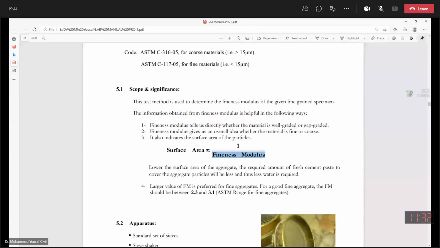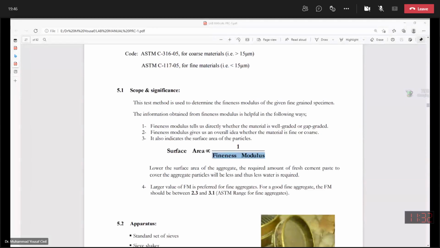Yes, sir. Anybody from the class, if you are having any confusion, anybody? Yes, sir. तो ऊंची बोलो.